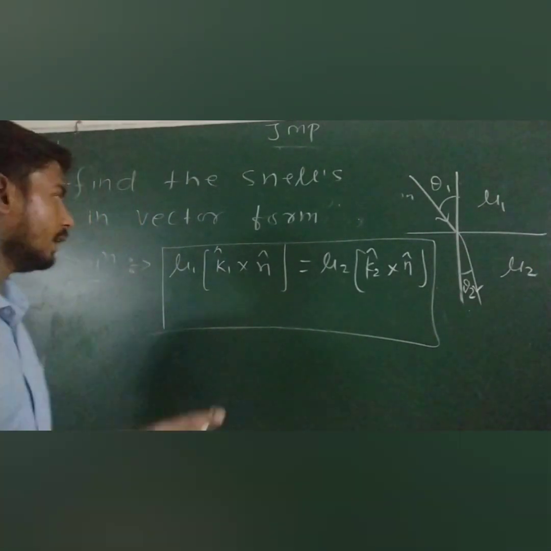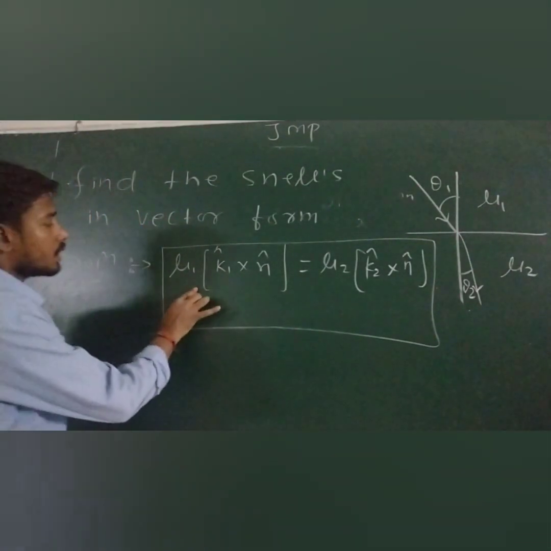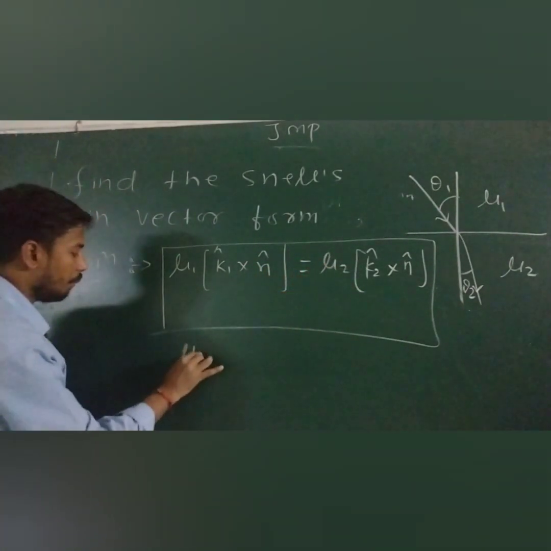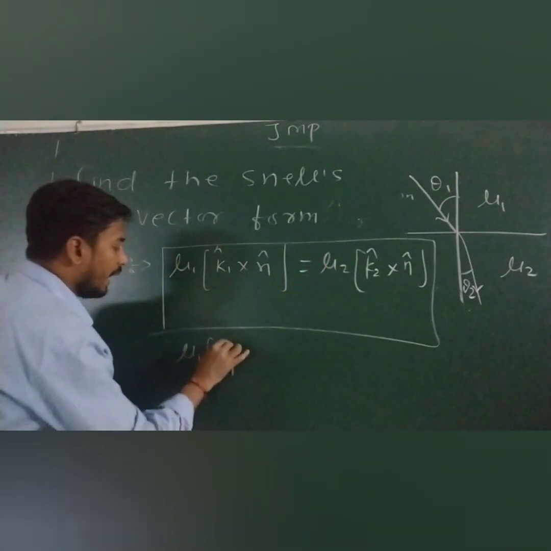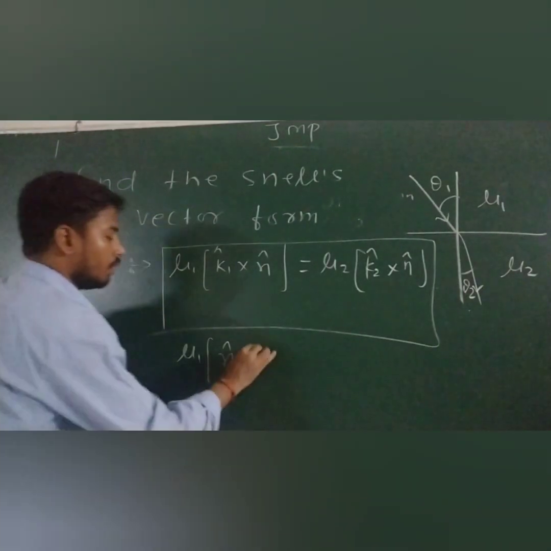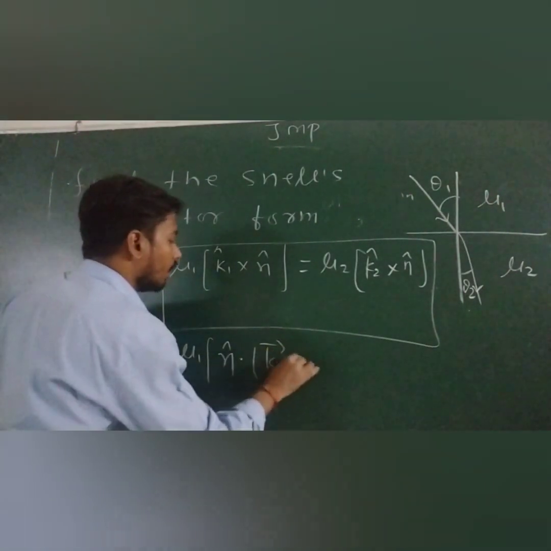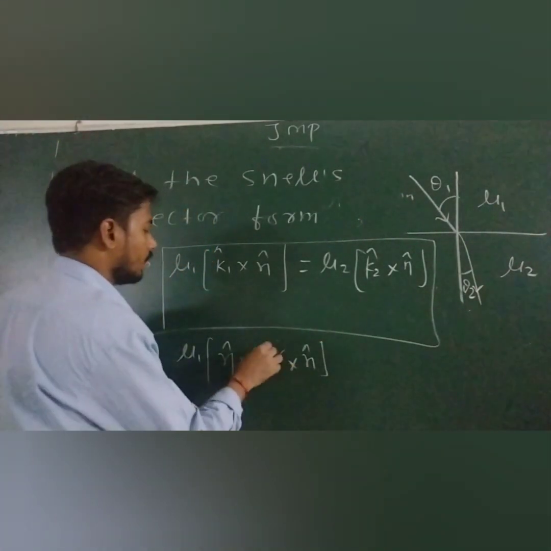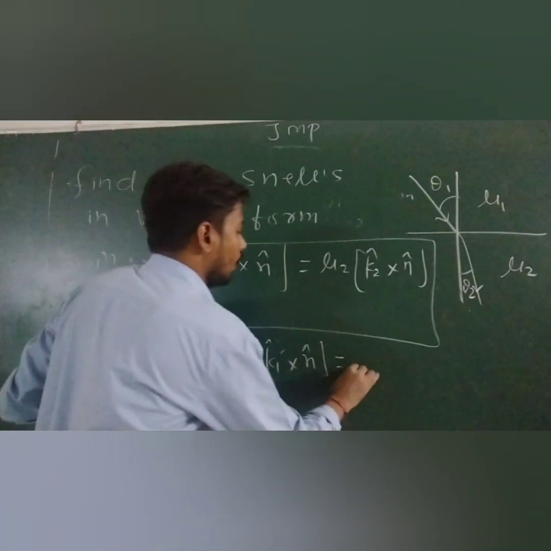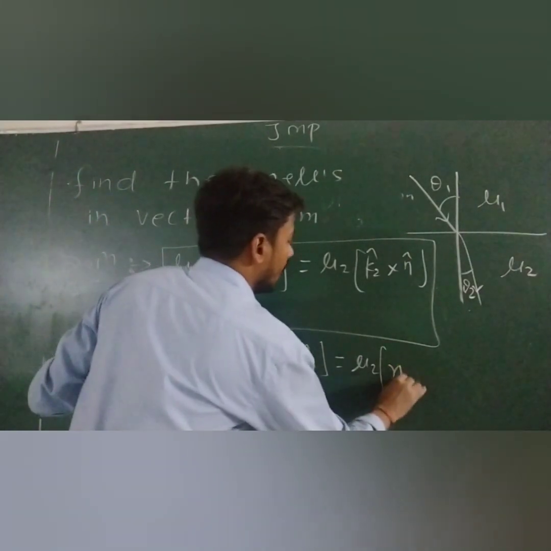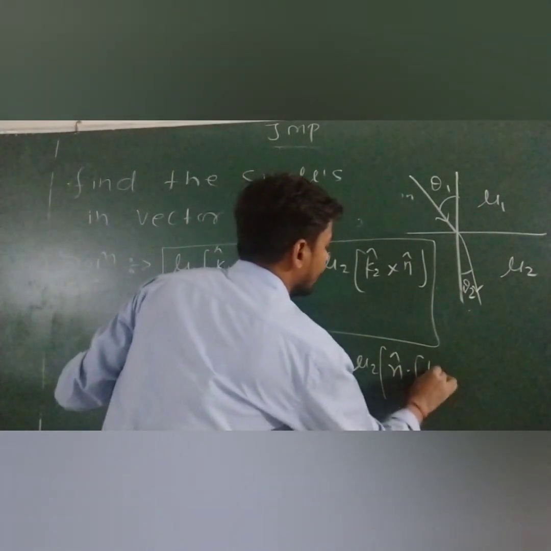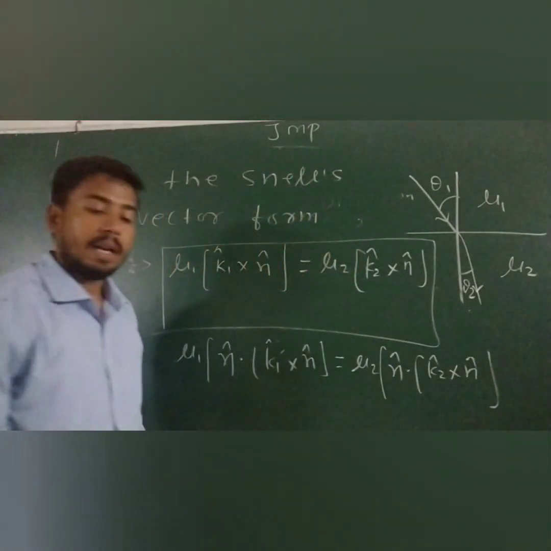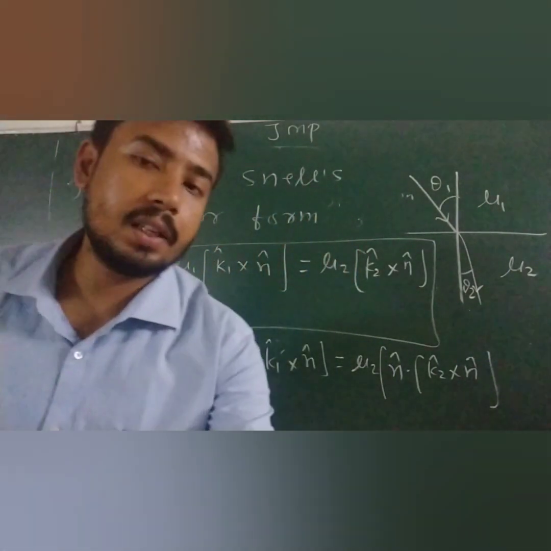What we can do is take the dot product with n on both sides. We can write mu1 times n cap dot (K1 cap cross n cap) is equal to mu2 times n cap dot (K2 cap cross n cap). Now you can ask a question, why did you write it like this?